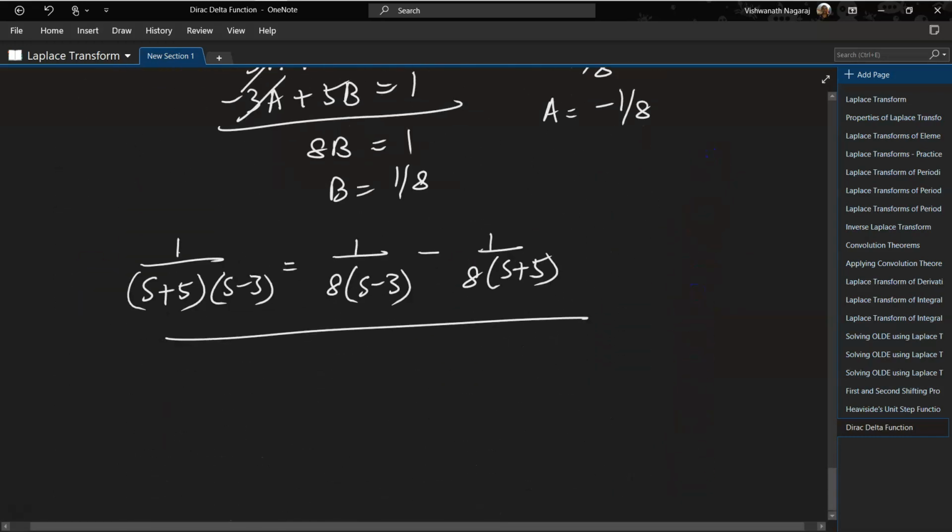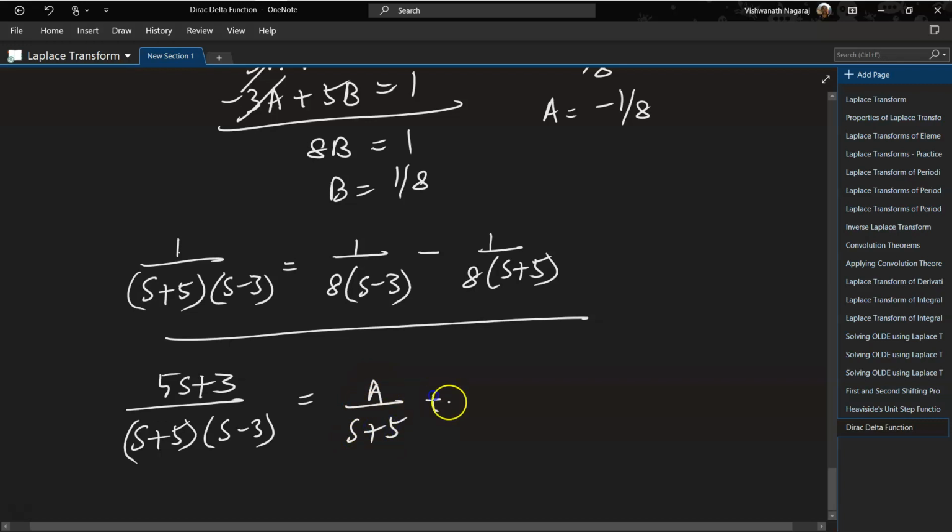Now the second partial fraction: (5s + 3) / ((s + 5)(s − 3)) = A/(s + 5) + B/(s − 3).